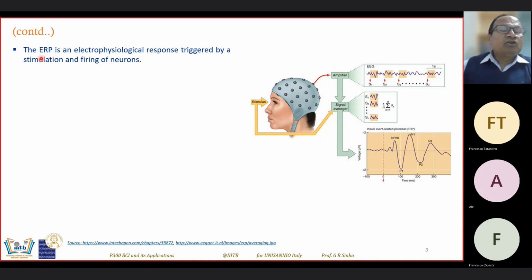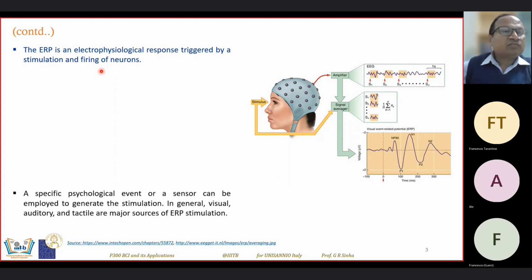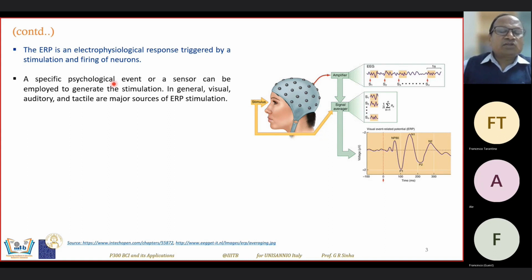ERP, an evoked response potential, is an electrophysiological response triggered by stimulation and firing of neurons. A specific physiological event or a sensor can be employed to generate the stimulation. The stimulation can also be generated by a number of arrangements, for example visual or auditory.